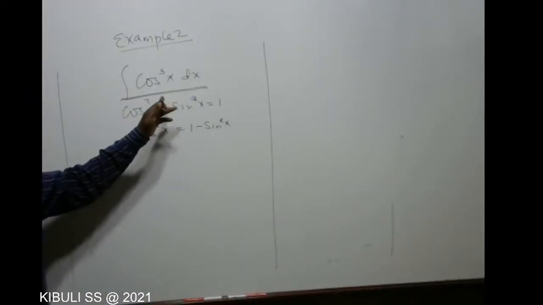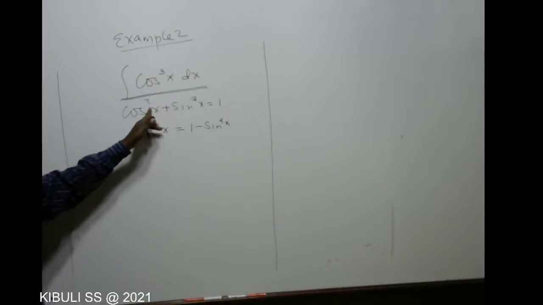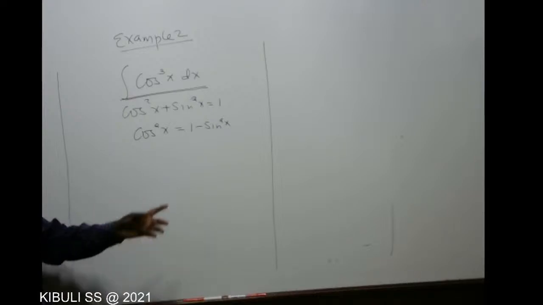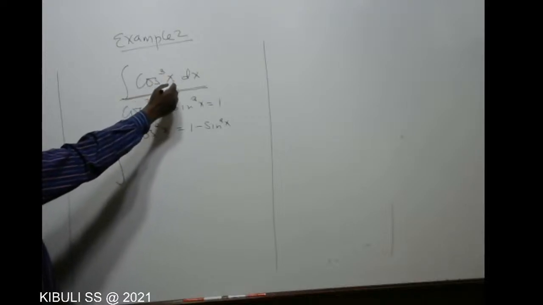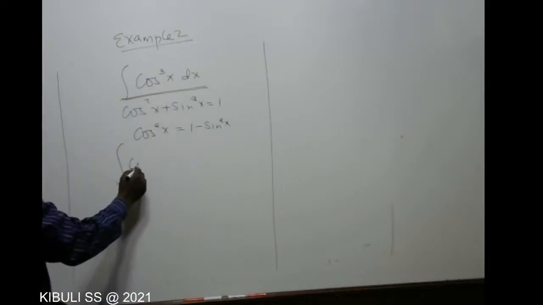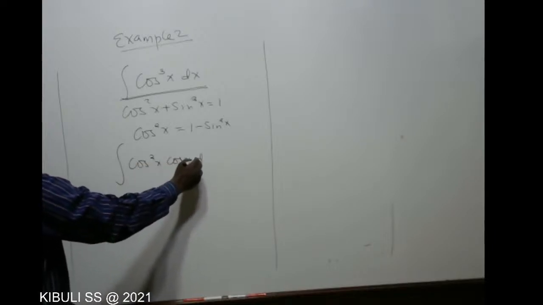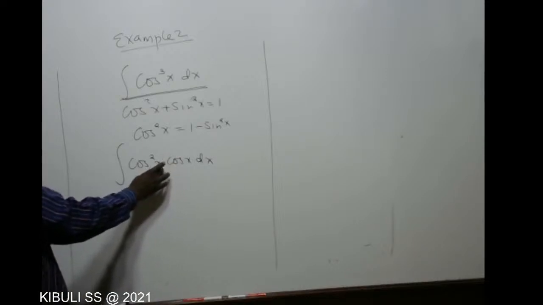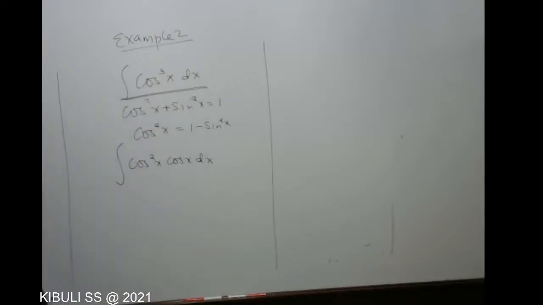It means I'm going to automatically transform cos power 3 x in terms of cos squared, because the principle demands that we must use Pythagoras theorem, which is the power 2. So I'm going to transform the integral of cos power 3 x into the integral of cos squared x, cos x dx. Cos power 2 times cos power 1 gives us back cos power 3 x.